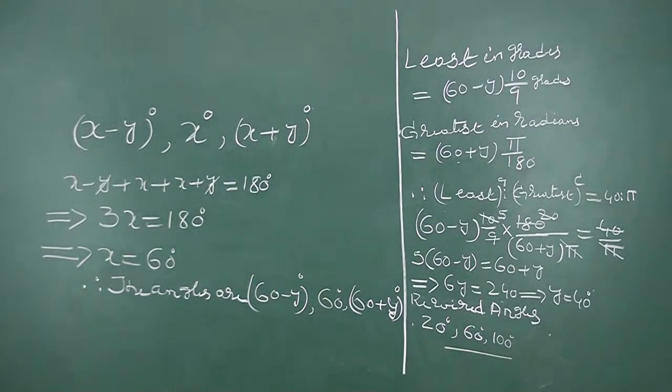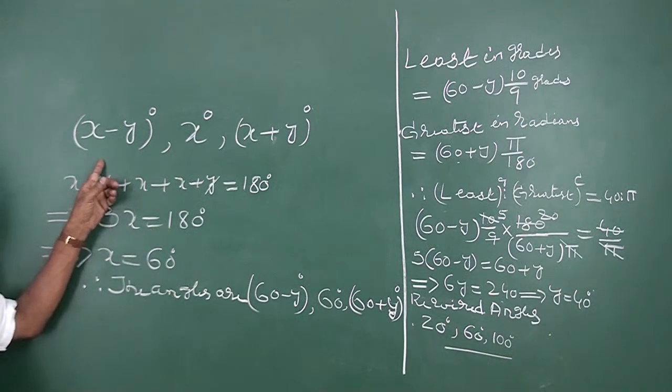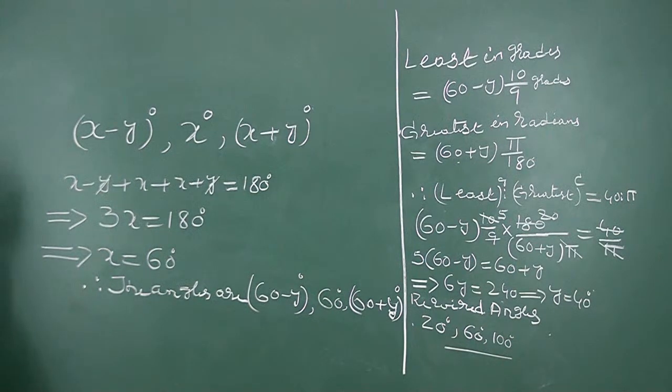So according to the given information, the angles of the triangle are in AP. So we have taken the three angles as x minus y degrees, x degrees, and x plus y degrees. Now the sum of the three angles of a triangle is 180 degrees.